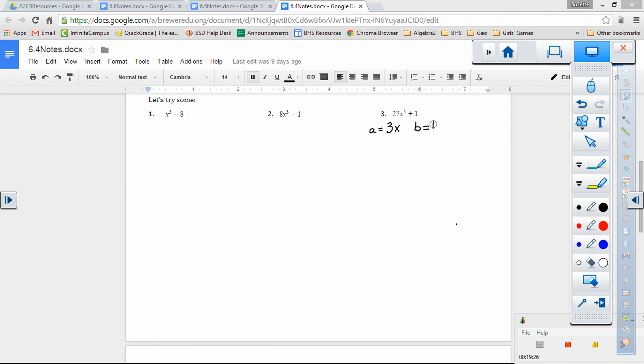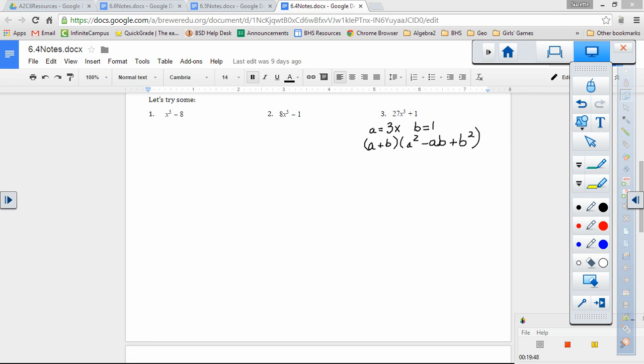Again, b is going to be 1. So I'm going to go ahead and get my a plus b, and then my a squared minus ab, so minus a times b plus b squared.